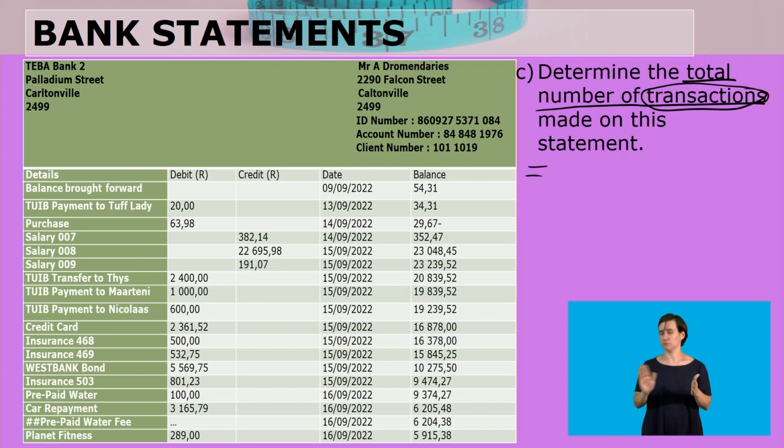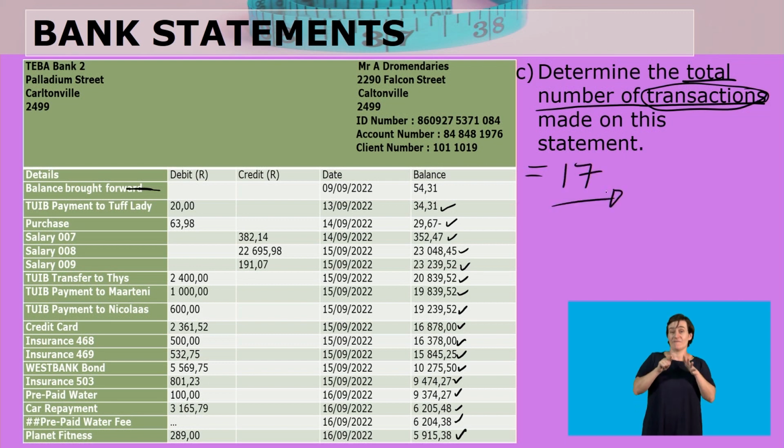So we are going to exclude the balance brought forward because it is not a transaction, and count all other transactions below that. So we are going to have 1, 2, 3, 4, 5, 6, 7, 8, 9, 10, 11, 12, 13, 14, 15, 16, 17. So we had 17 transactions on this banking statement.